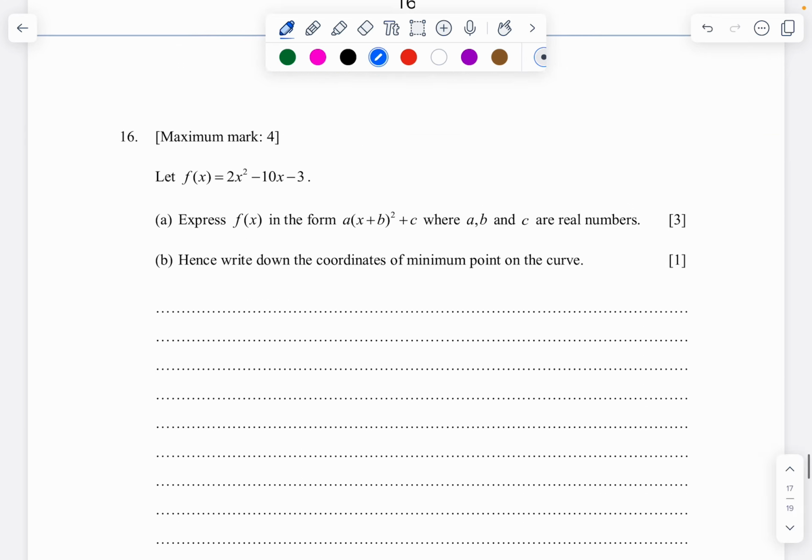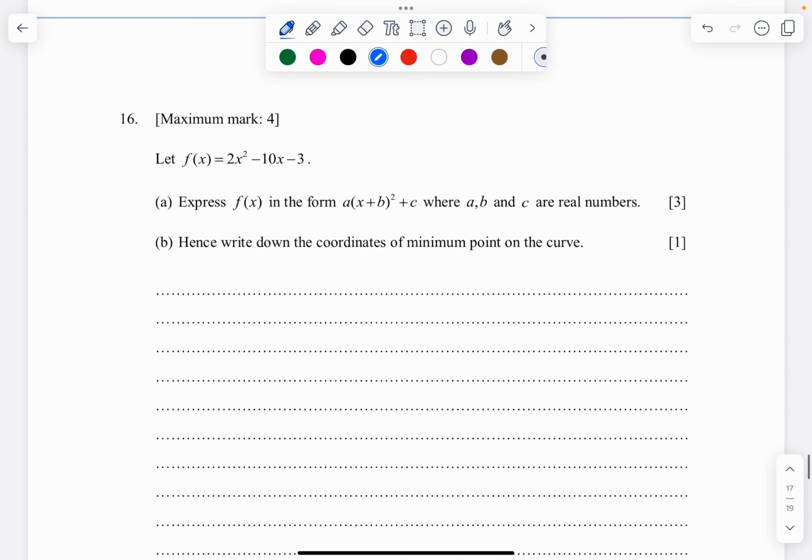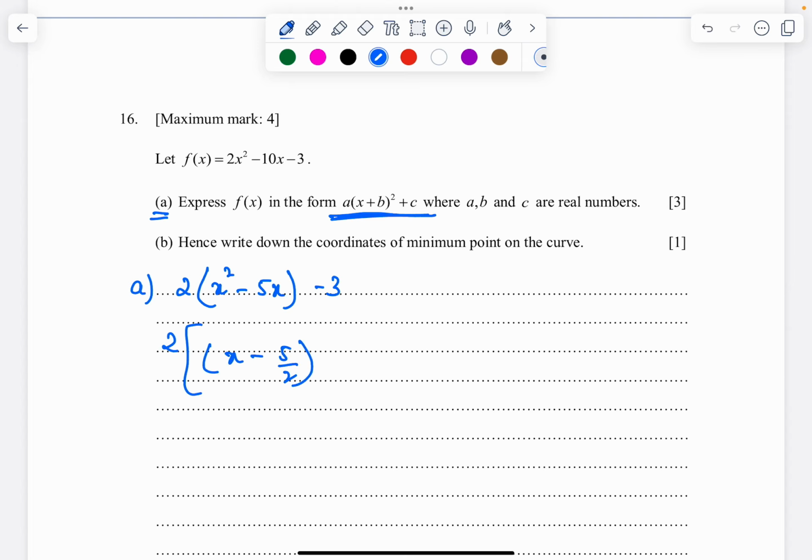Question number 16. Change f of x in the form, see, this is completing the square. So first I will pull out the 2: 2x square minus 5x minus 3. Then I will do the completing the square. Half of 5 is 5 over 2, minus square of 5 over 2 is 25 over 4, minus 3.